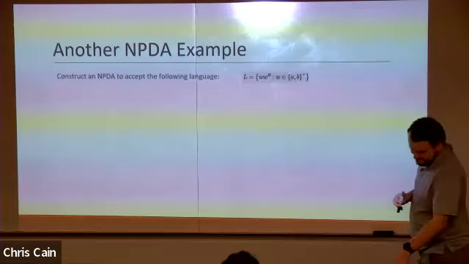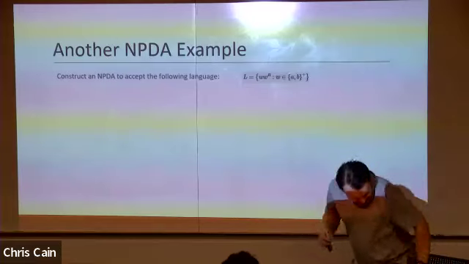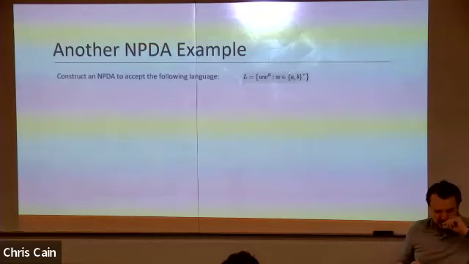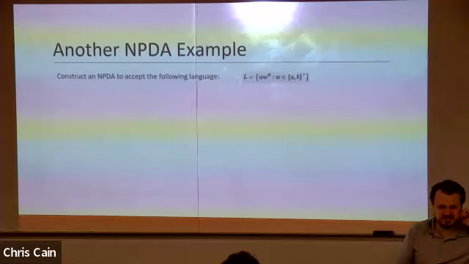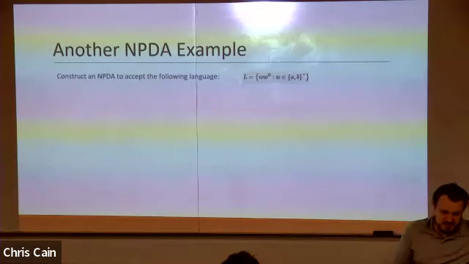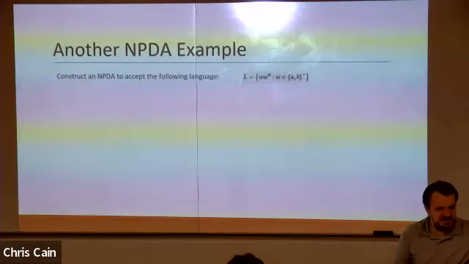So go ahead and give it a shot. How many states? What does the stack represent? What are the transitions between those states? Remember that with pushdown automata, it's generally fewer states than you think it is.